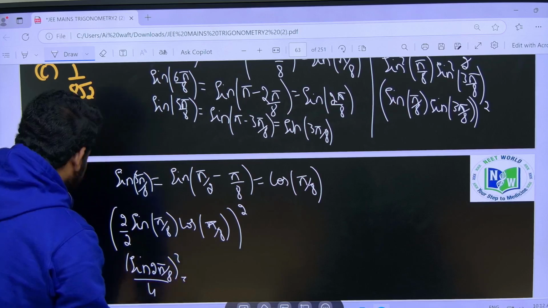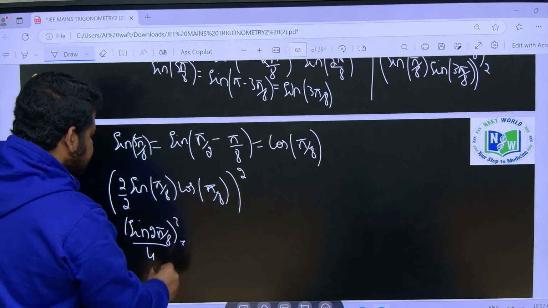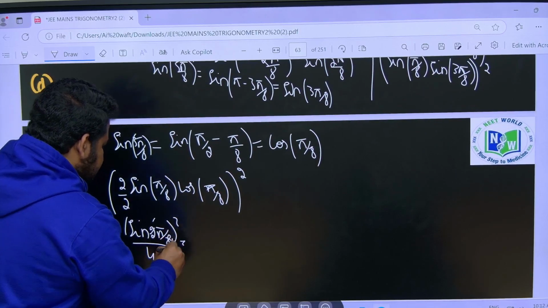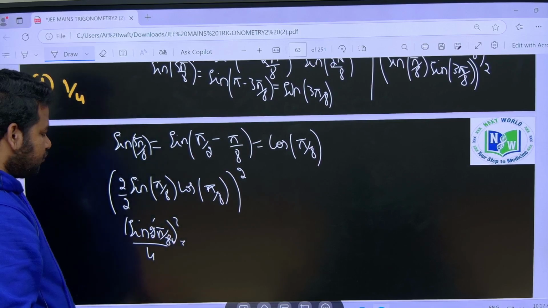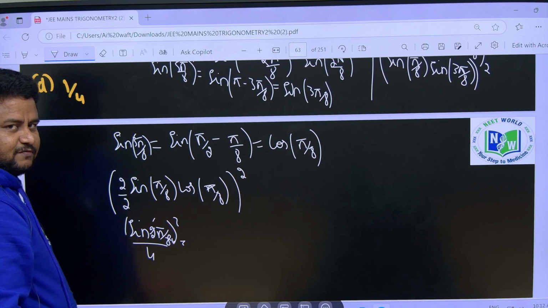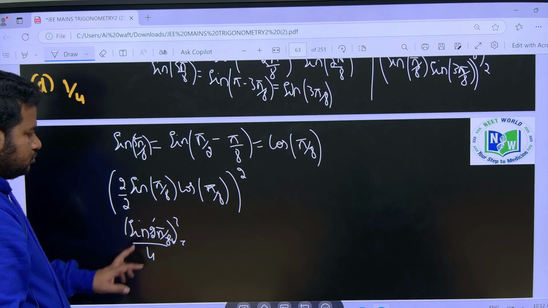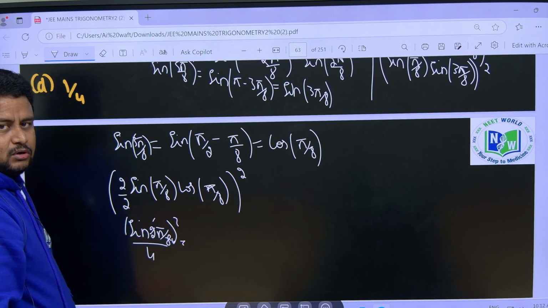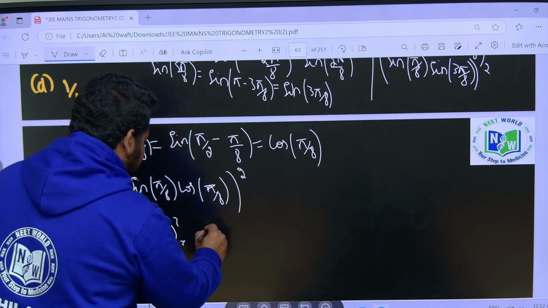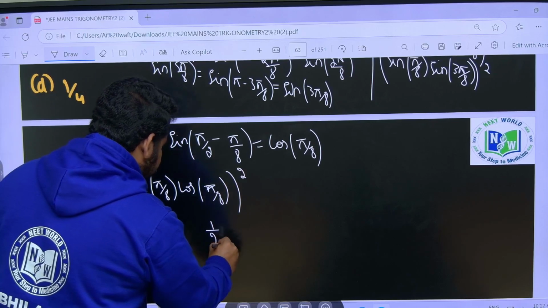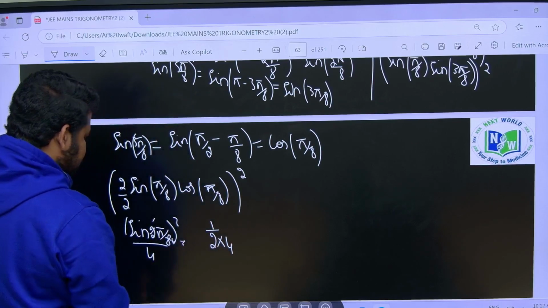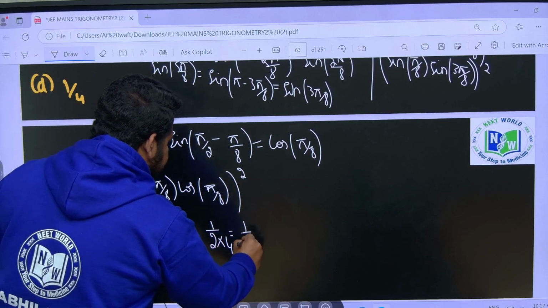Sin 2 pi by 8 is nothing but sin pi by 4, whole square. Sin pi by 4 is 1 by root 2, and 1 by root 2 whole square is 1 by 2. So this will be 1 by 2, and 4 will be here. This will be equal to 1 by 8.